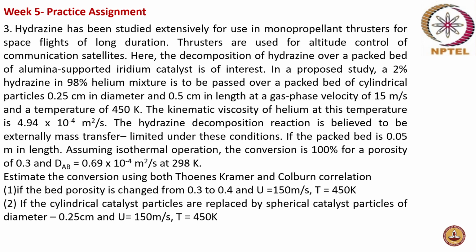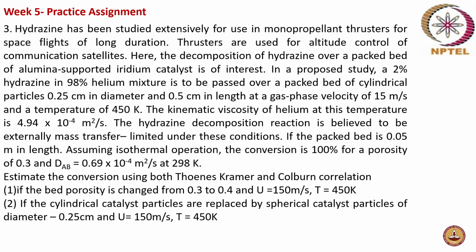The kinematic viscosity of the helium at this temperature is 4.94 into 10 power minus 4 meter square per second. The hydrogen decomposition reaction is believed to be externally mass transfer limited under these conditions.